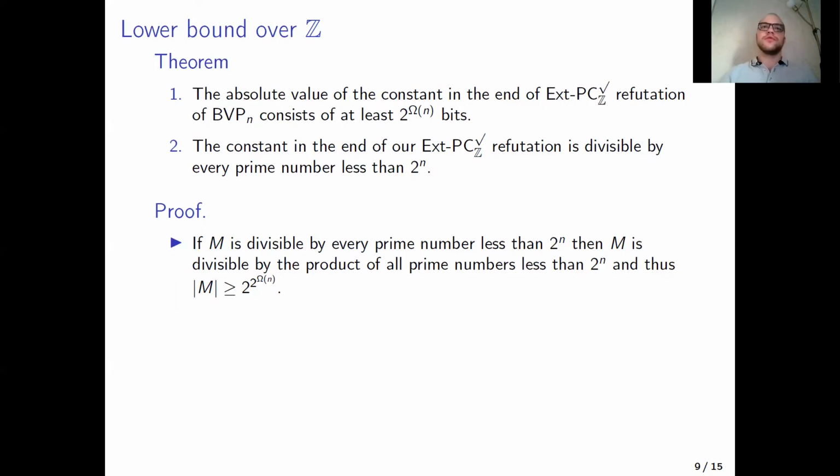In order to prove that, we consider the constant at the end of our refutation. Let's call it m. Firstly, there is an easy observation that if m is divisible by every prime number less than 2 to the power of n, then m is divisible by the product of all those prime numbers. And then we know that it consists of at least an exponential number of bits, since we can use Chebyshev approximation.